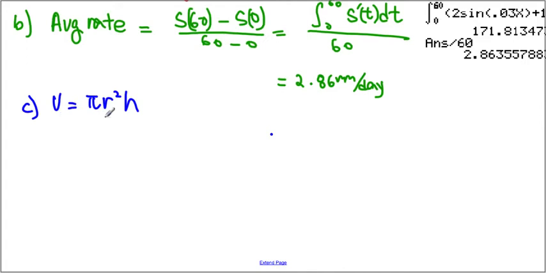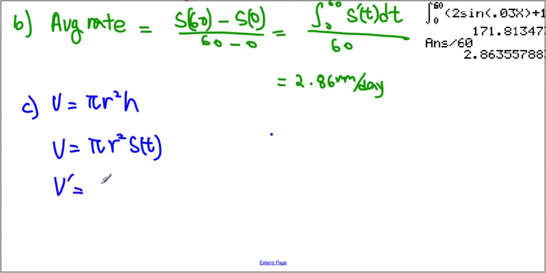But in this case, h will be equal to S. So volume will be equal to pi r squared S of t. Notice that height changes, but not the radius, because in a cylindrical can, the radius will be the same no matter where you look at it. So how do we find out how the volume changes?